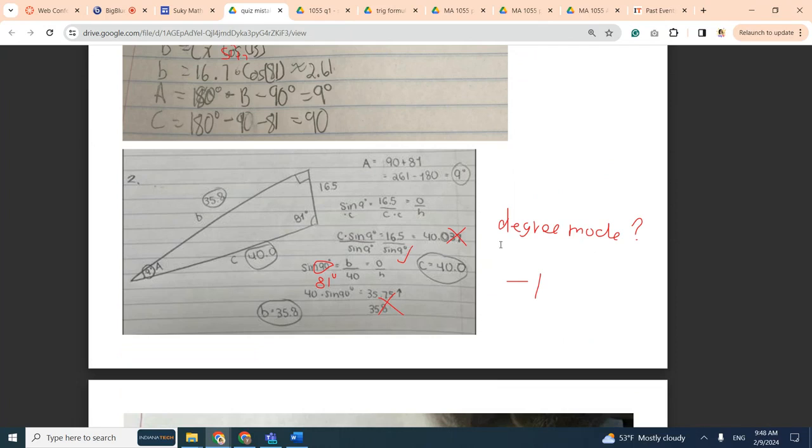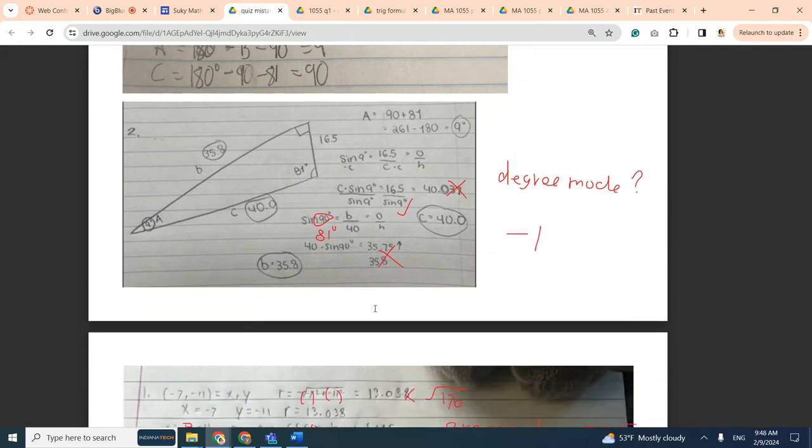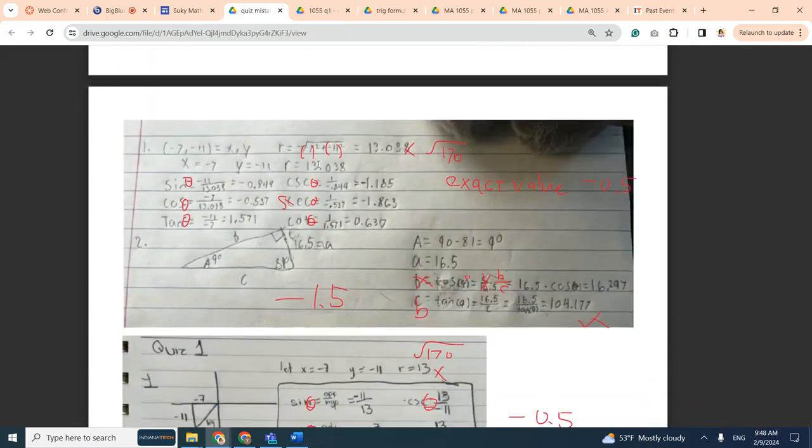So when you plug in your calculator, are you in degree mode or radian mode? Check that. And this is sine 81 degrees. And here, parentheses, exact value. Don't plug in your calculator.